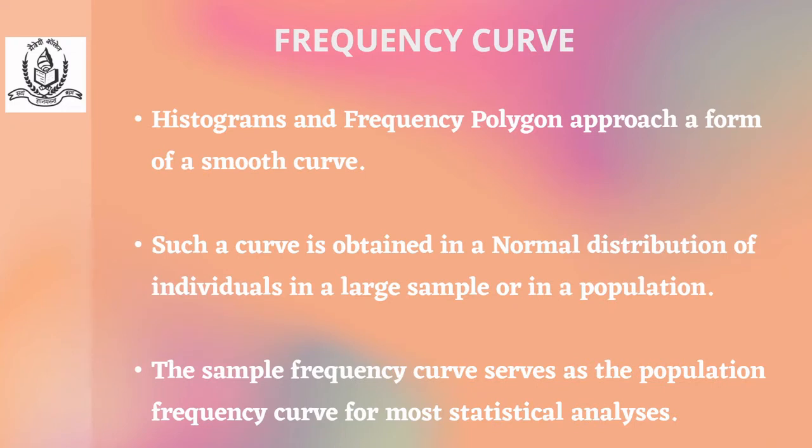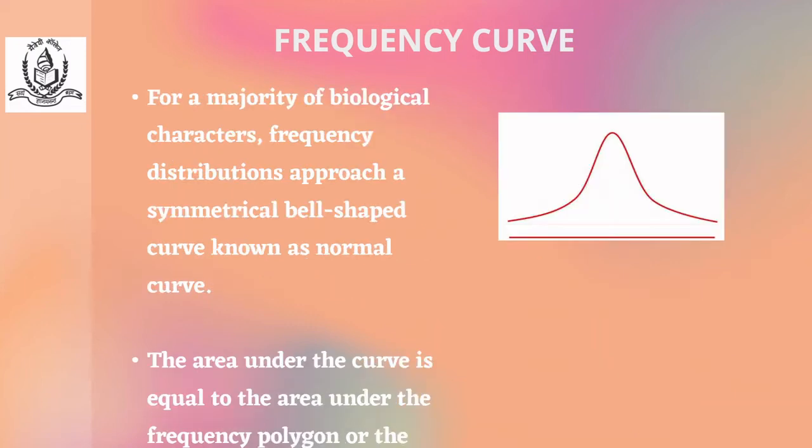The next is the frequency curve. Histograms and frequency polygons approach a form of a smooth curve. Such a curve is obtained in a normal distribution of individuals in a large sample or in a population. This sample frequency curve serves as a measure for the population frequency and is used very frequently in statistical analysis.